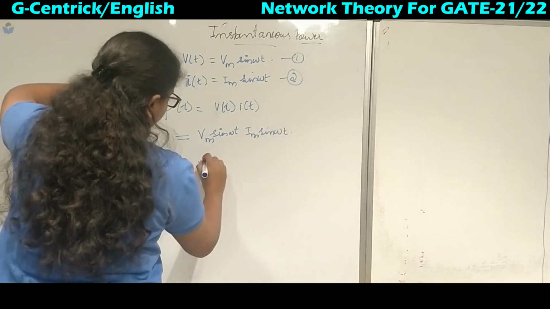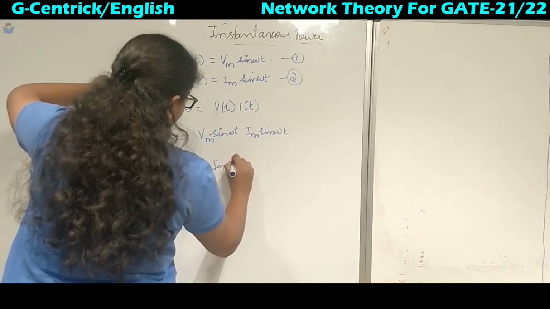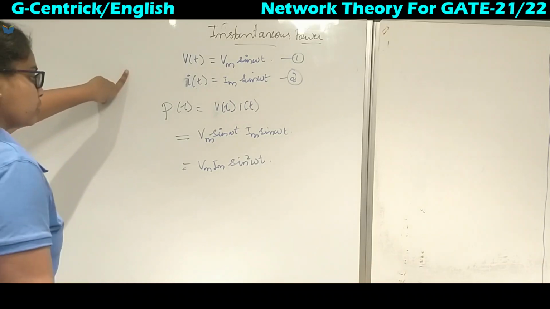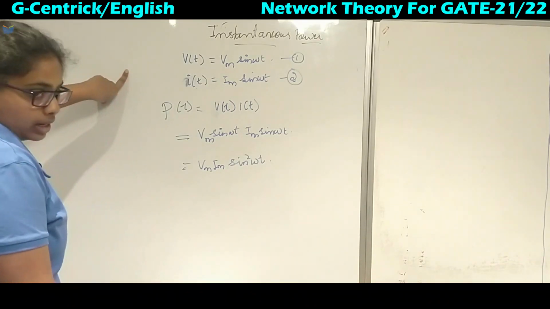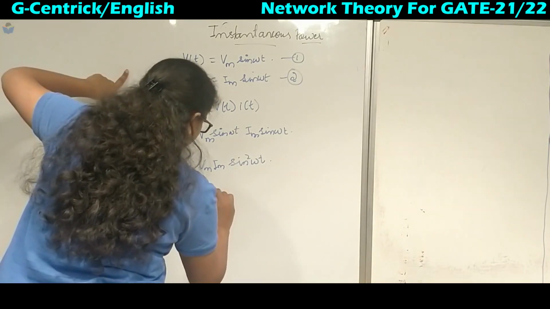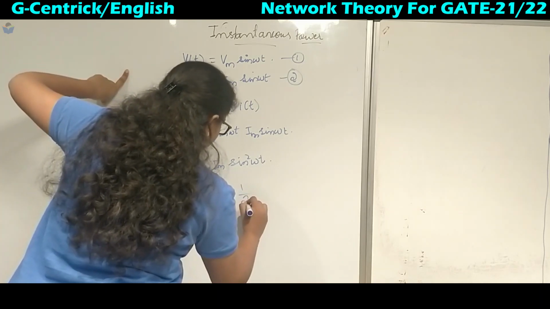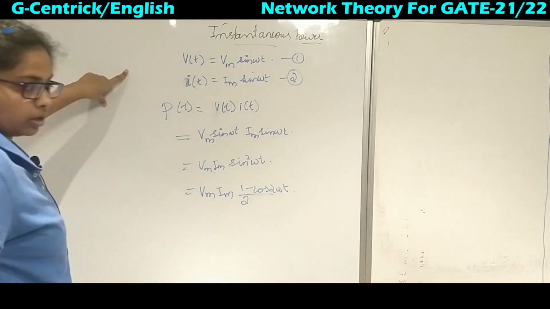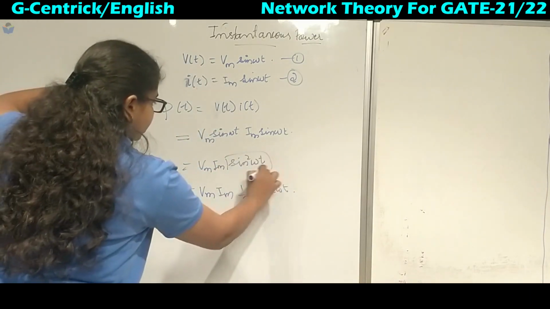So what will I get? Vm into Im sin square omega t. Now this sin square omega t, I can write as 1 by 2 into 1 minus cos 2 omega t.